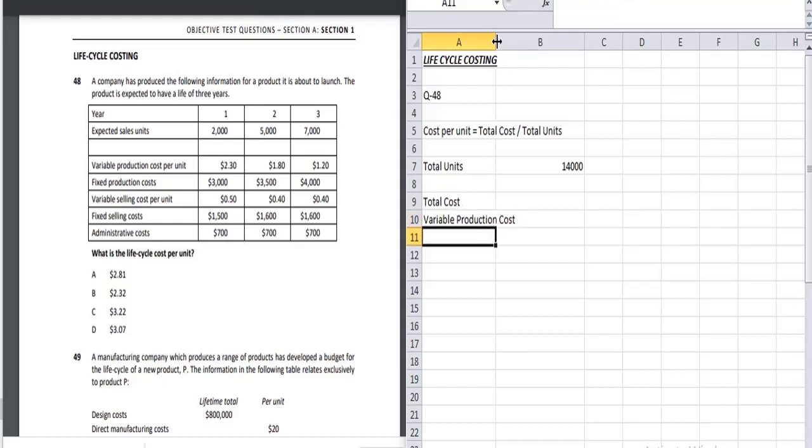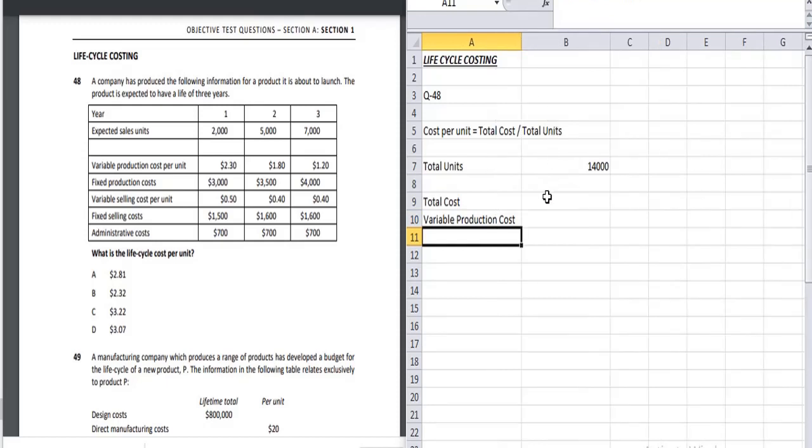Just have a look at the formula bar, what I am doing. 2.30 is for 2000 units, and 1.80 is for 5000 units, and 1.20 into 7000. In this way we will get our total variable production cost.